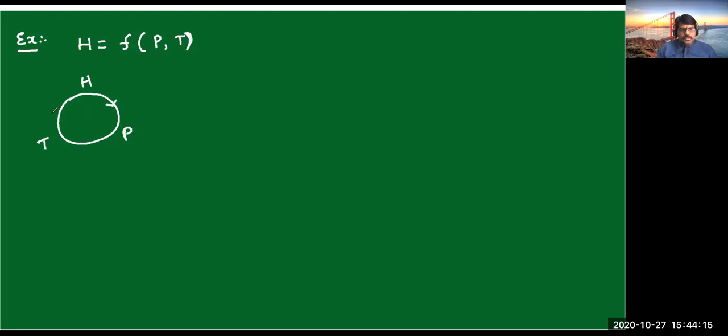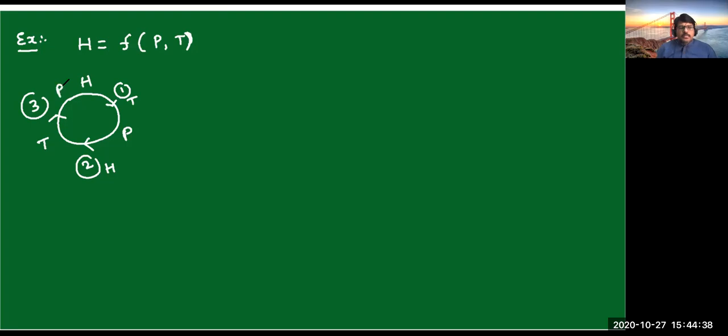So these are the 3 steps we are taking, and this is the step 1, step 2, step 3. And here H and P means temperature is constant, P and T means H is constant, T and H means P is constant.